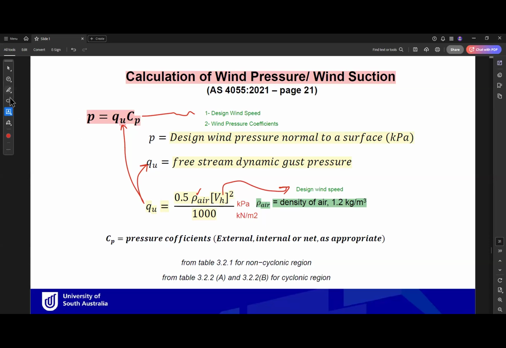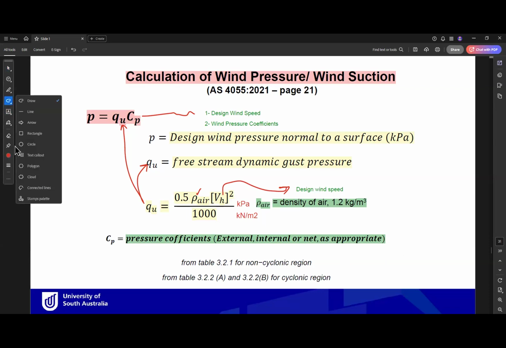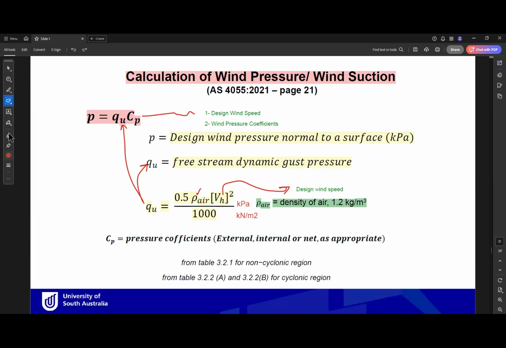Then what is C_p? As you can see here, it is the pressure coefficient, external or internal or net as appropriate. As I mentioned earlier, we are not working with external and we are not working with internal.